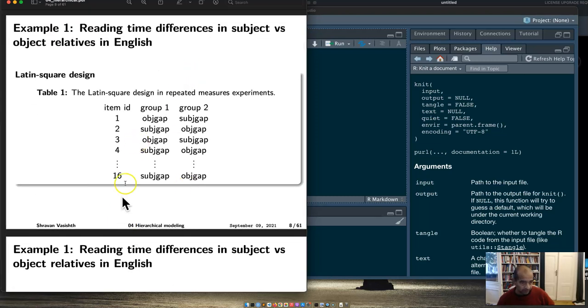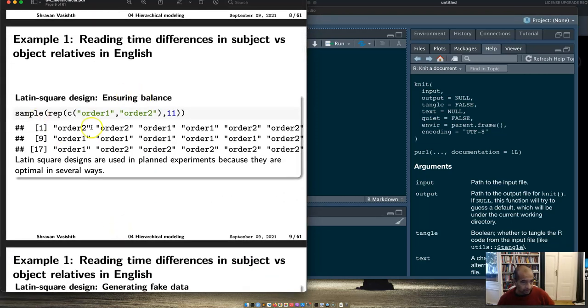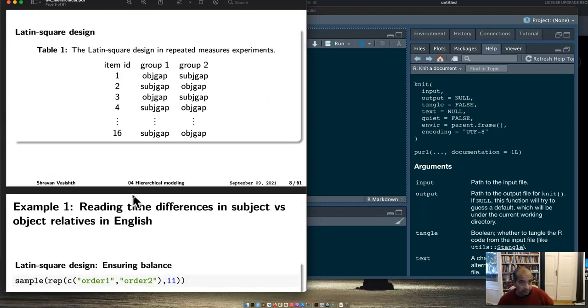What I'm trying to do here is set up an ordering of group 1, group 2, 11 times, so that any time a subject comes into the lab, I will just give the first subject group 2, second subject group 2, third subject group 1, and so on, right? And it goes on like this. So this randomized ordering ensures that at the end of the experiment, I will have an equal number of group 1 and group 2 conditions.